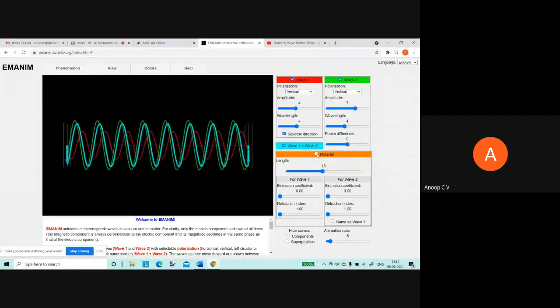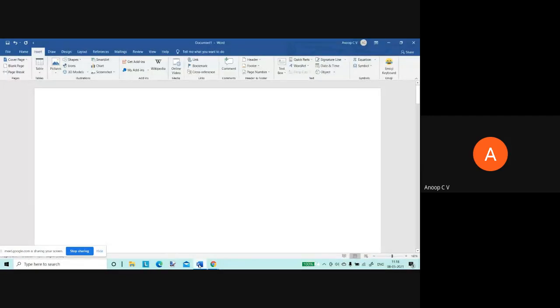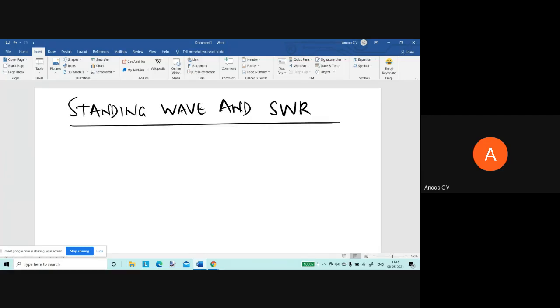With that note, I'll summarize all the results: standing wave and standing wave ratio, which I am writing as SWR. What we have learned is that voltage will have an incident voltage.